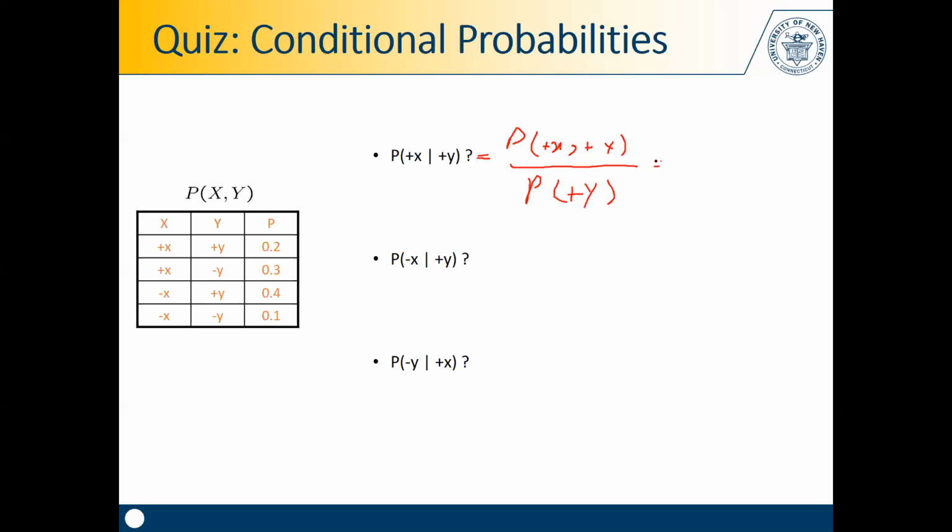What's the probability of plus x plus y? It's given to us in this row here, 0.2. And what's the probability of the outcome plus y? We have to add this probability to this probability to get that, which gives us 0.6. And there we have it.